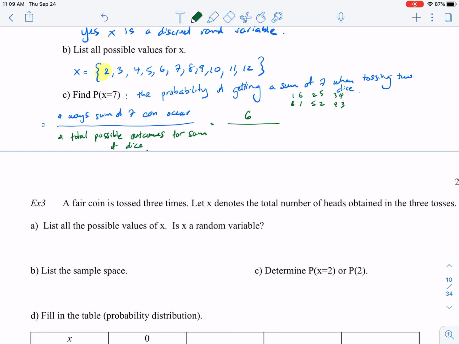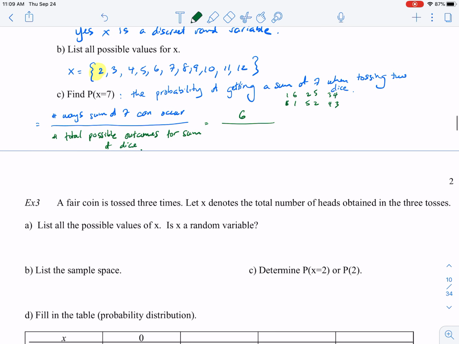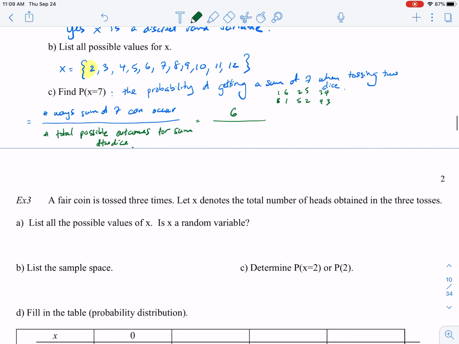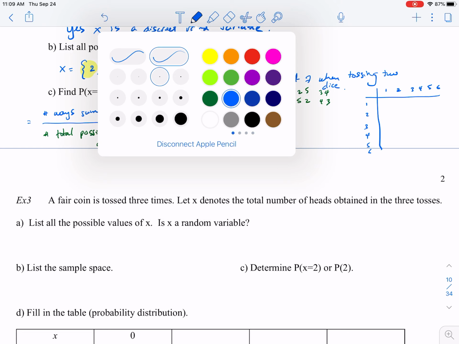And then how many total possible outcomes are there for the sum of the top faces when tossing 2 dice? I'm going to let you do this on your own, but I want you to draw a table representing the sum of the 2 dice: 1, 2, 3, 4, 5, 6, and then you list the sums in the middle.